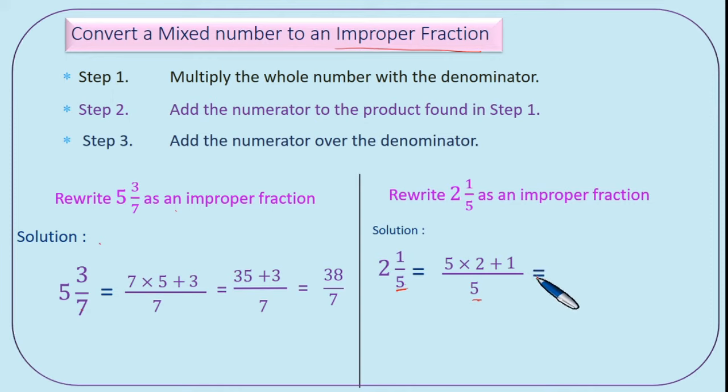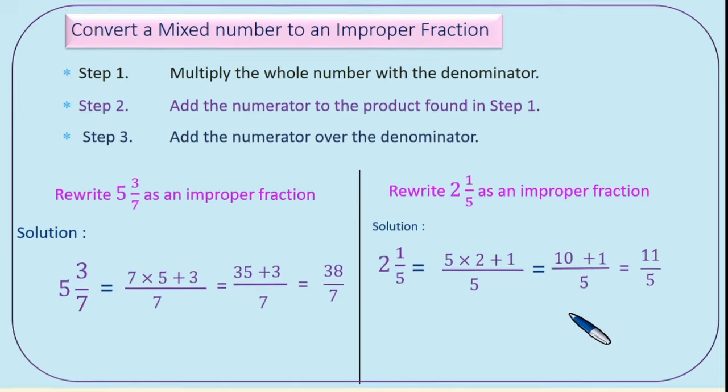Now simplify this: 5 times 2 is 10, plus 1, over 5. 10 plus 1 is 11. So it is equal to 11 over 5. I hope you understood this one. This was about converting a mixed number to an improper fraction.